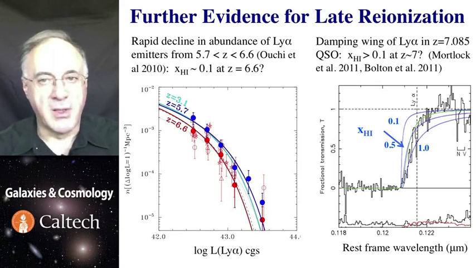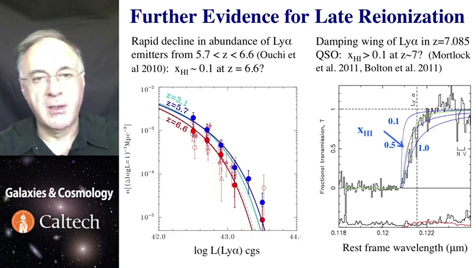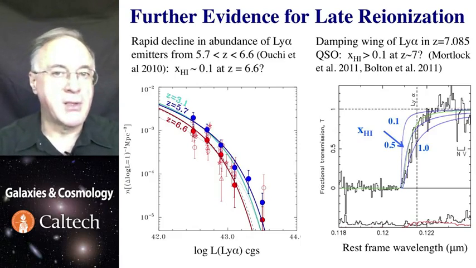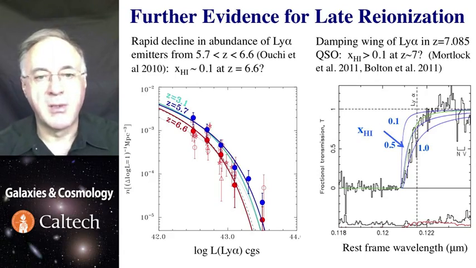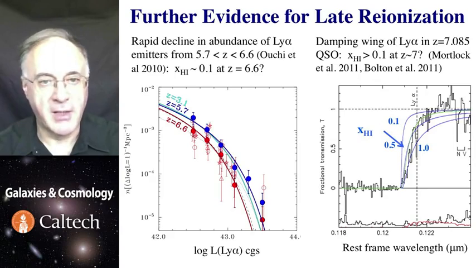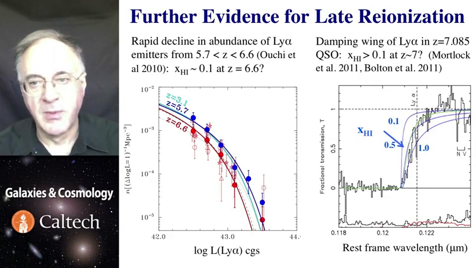And we expect that as we get into the region of neutral hydrogen, at sufficiently high redshifts, suddenly there'll be a drop in the numbers of Lyman alpha emitters because light will be absorbed by the hydrogen. And that's exactly what is seen. There seems to be a rapid decline in the number density of Lyman alpha galaxies past redshift of 6.